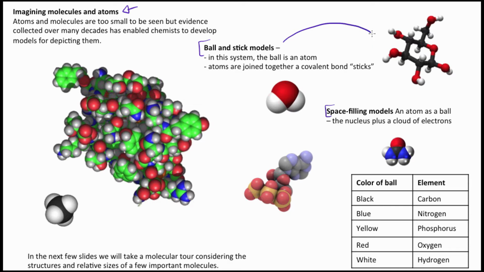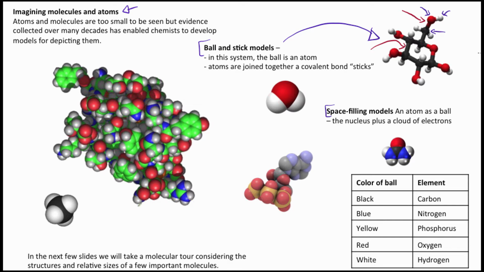I have actually only one or two of these. These are ball and stick models, and each of the balls in this particular model represents an atom, and then the sticks represent bonds. So there's a bond there, and there's a bond right there, okay?